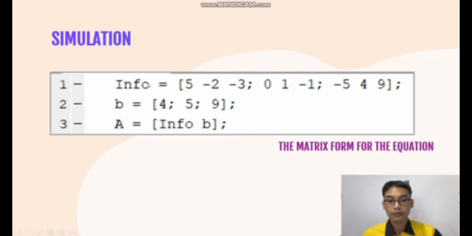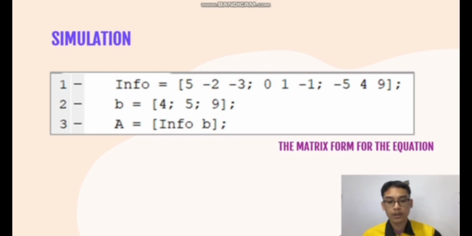The info is the left hand side of our matrix, while B is the right hand side. The first three numbers are row 1, the second is row 2, and this one is row 3 for our left hand side. And this is the answer for our equation that we derived in the manual calculation.